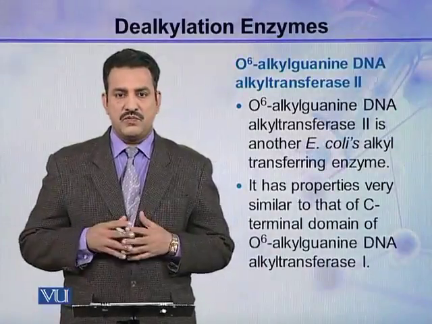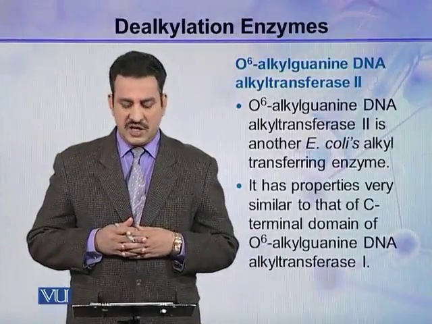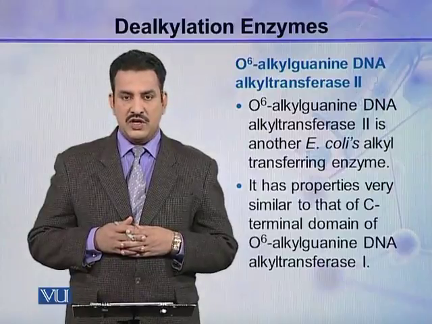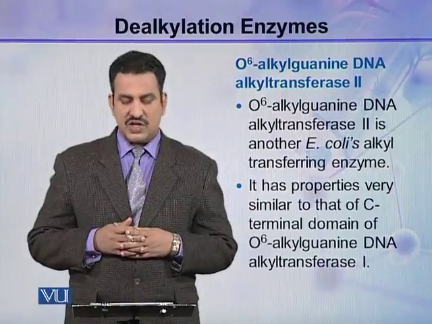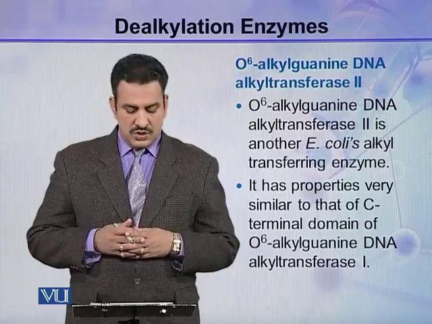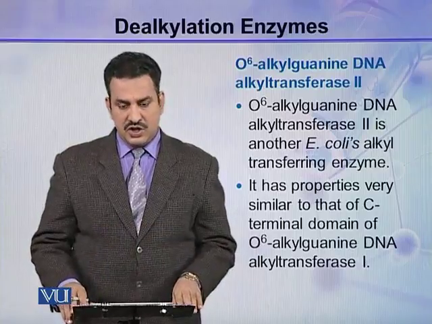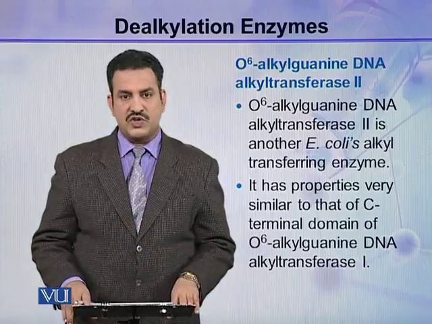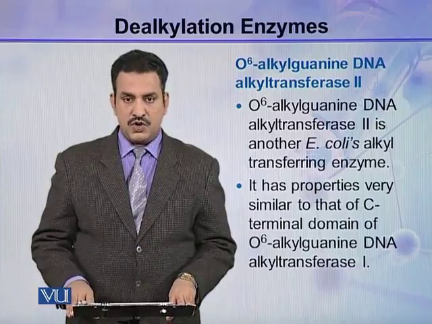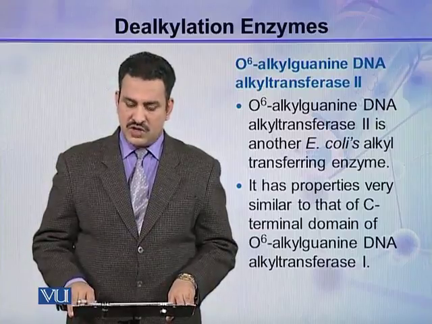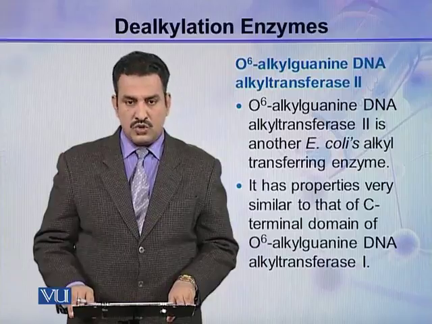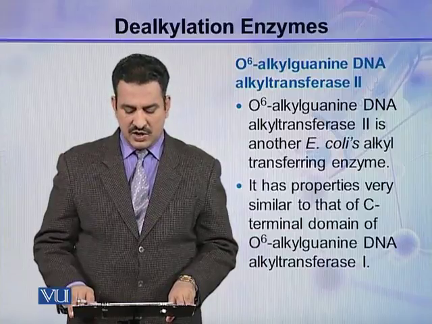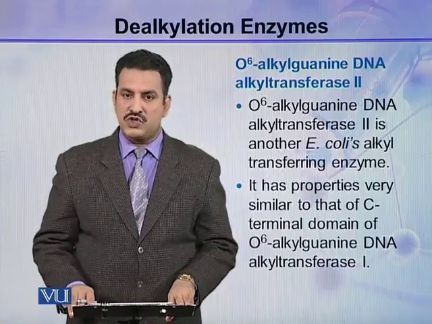The second type of dealkylation enzyme is O6-alkyl-guanine DNA alkyl transferase 2. So this enzyme is another E. coli alkyl transferring enzyme. It has properties very similar to that of the C-terminal domain of O6-alkyl-guanine DNA alkyl transferase 1.